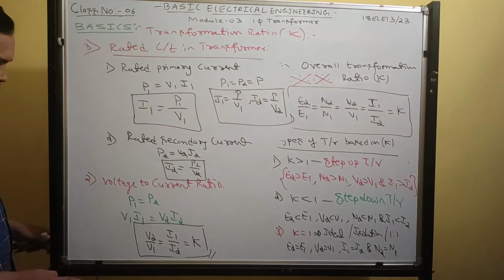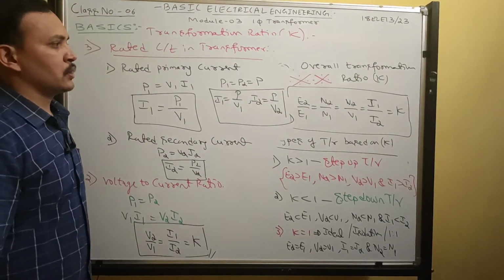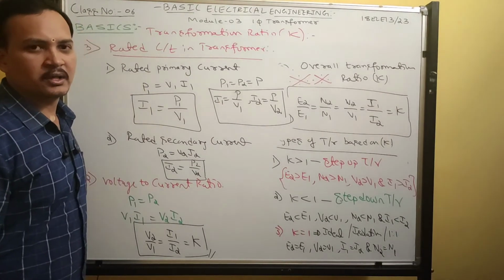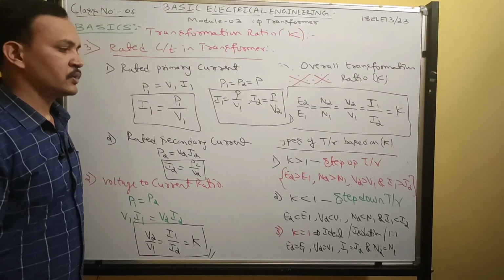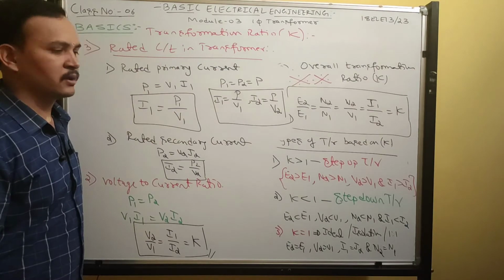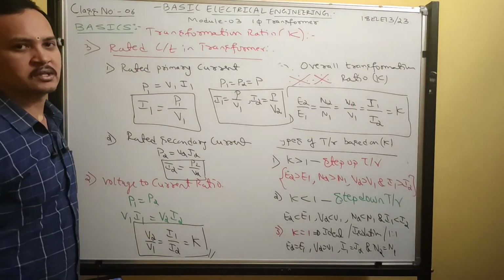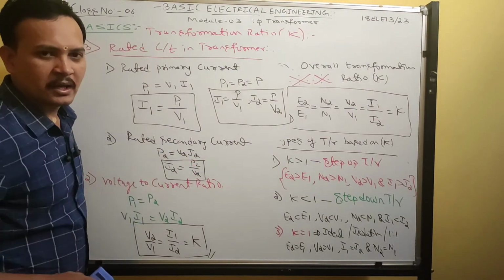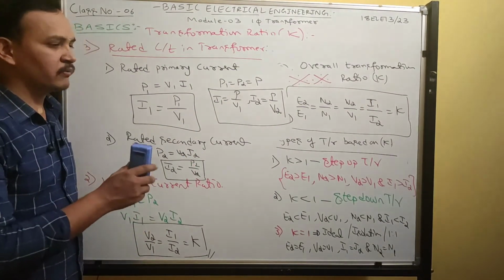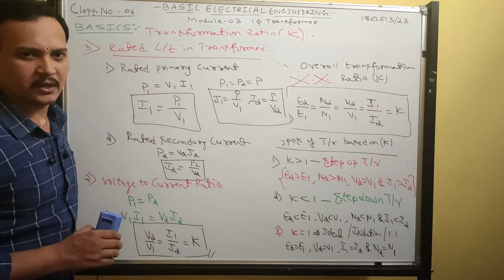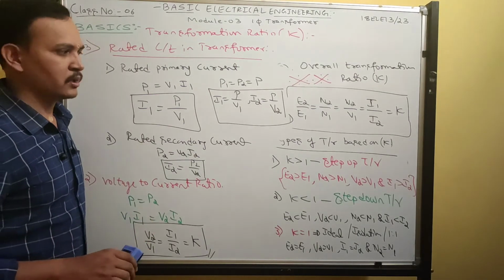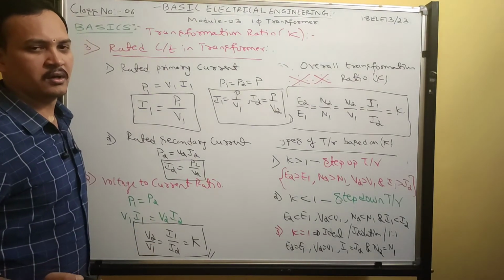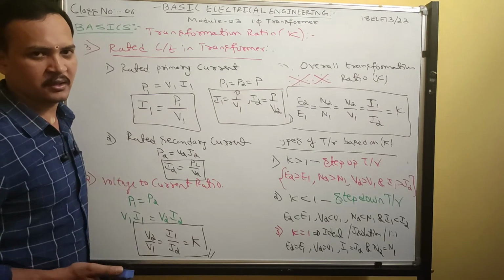Okay guys, in the next lecture I will do more problems on EMF equation. By knowing all this, other things we will do in the problem itself. There is still more basics: you must know the definition of flux density. What do you mean by flux density?